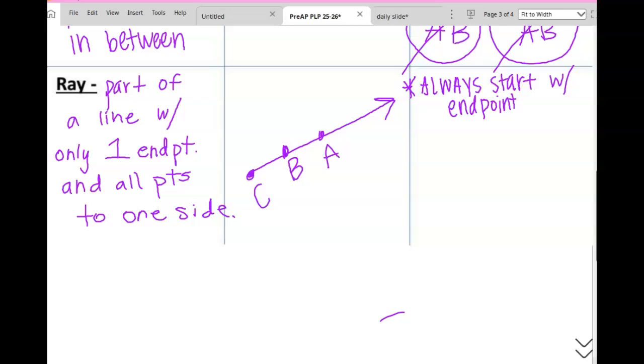And then the second rule, always point the ray to the right. Even though it doesn't always point to the right, when naming, always point to the right.